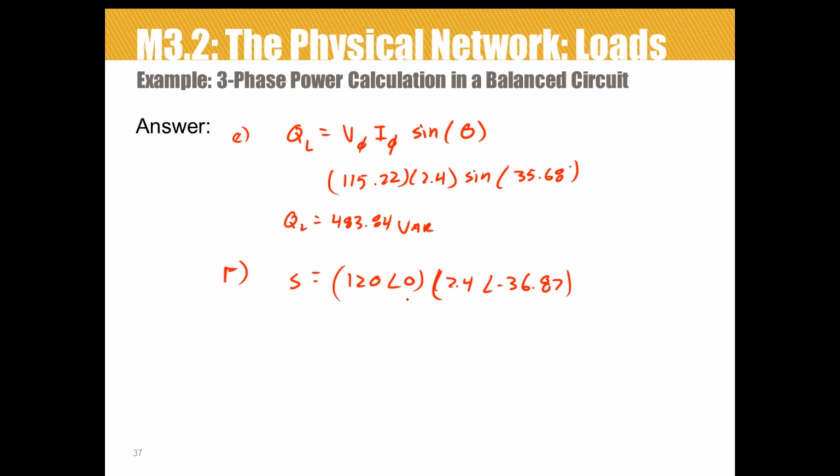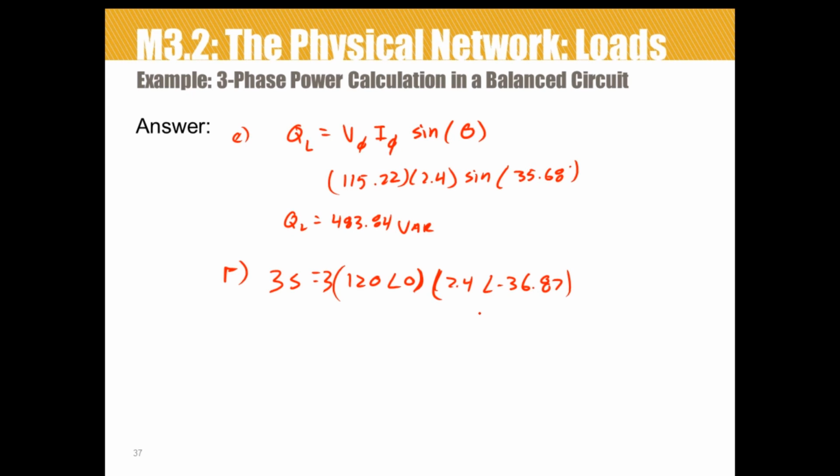That's the complex power delivered by phase A. There are 3 generator phases though, so we multiply that whole thing by 3, and so you get 3 times 120 angle 0 times 2.4 angle negative 36.87.